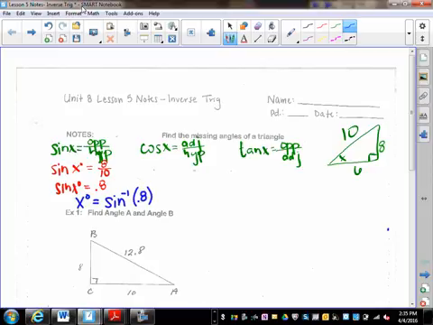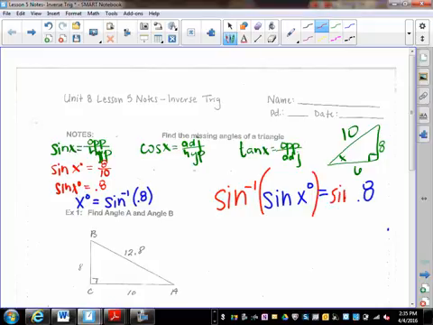Now, what we are technically doing, and this part you do not have to do each time, but I'm trying to show you why we're allowed to do what we just did, is taking inverse sine of both sides. Because what you do to one side, you must do to the other to keep it equal. I cannot inverse sine just one side.